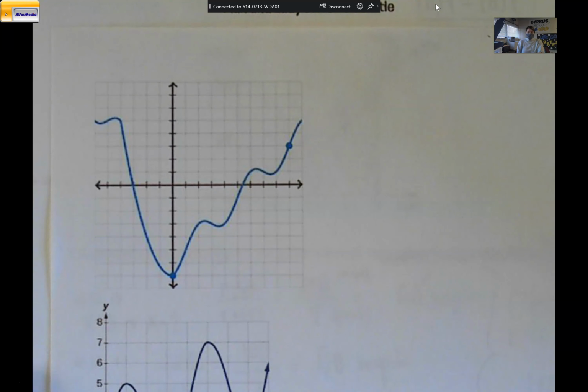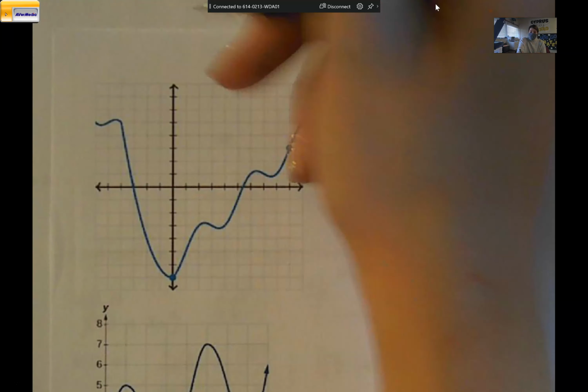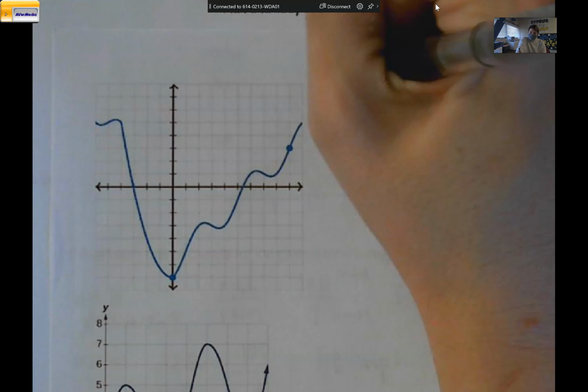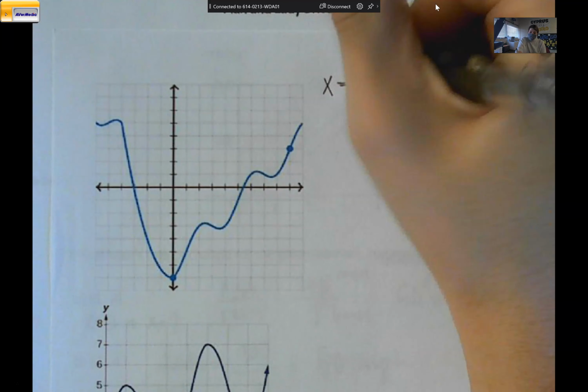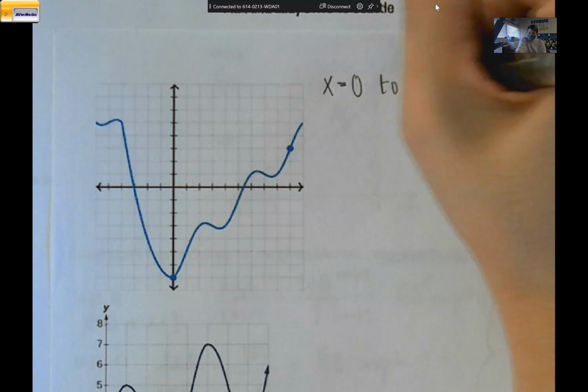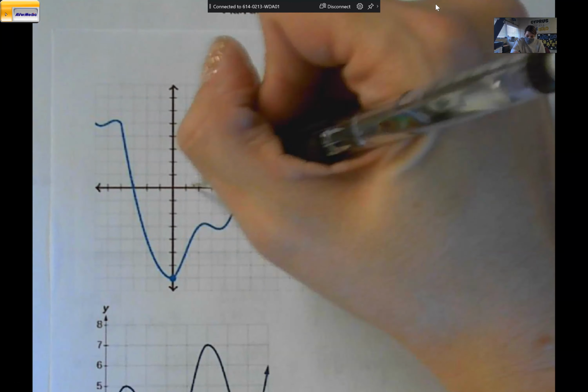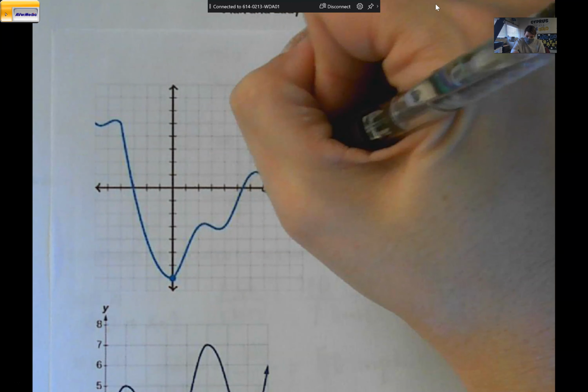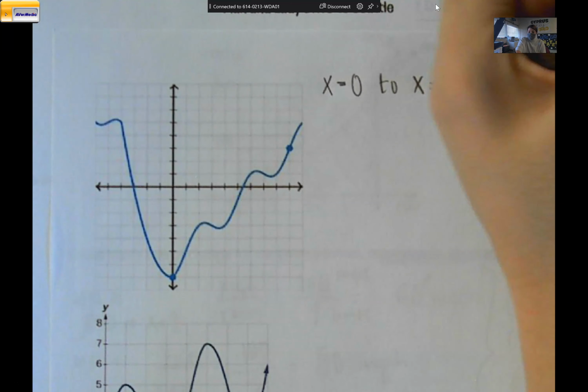So I want you to tell me the rate of change from x is 0 to x is 9.